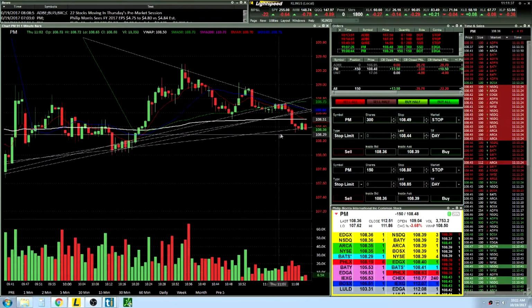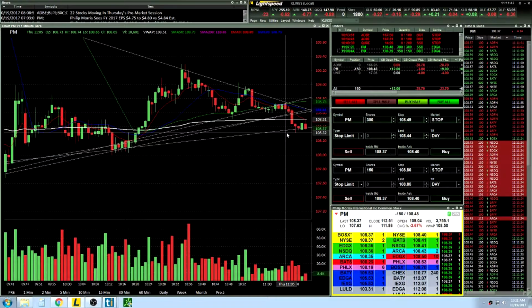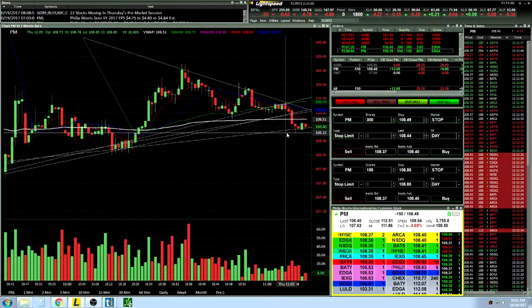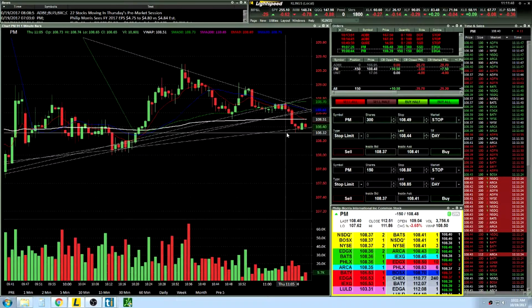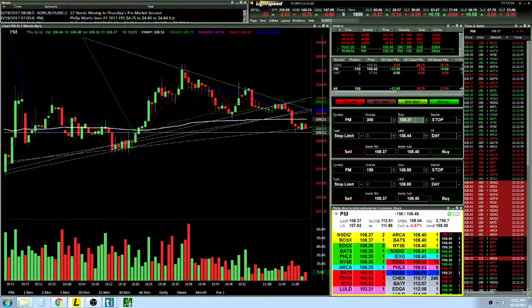Would I add into this trade? I mean, so far it looks pretty good. I could say probably 30, 31.